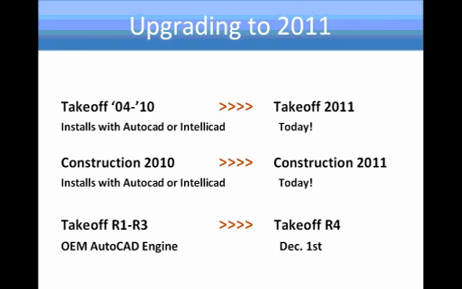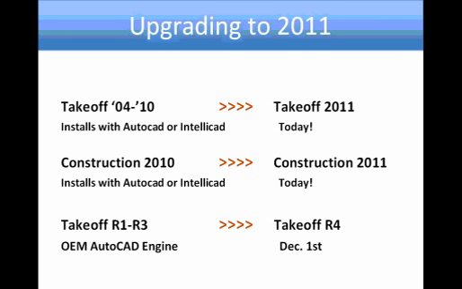Looking at what we are going to take a look at today and our new release and how you could upgrade to that, there's a couple different options. If you're on Carlson Takeoff, any version 2004 to 2010, that's the module version that installs with either AutoCAD or IntelliCAD, you can upgrade to Carlson 2011, and that's something that is only hours away from being released today.